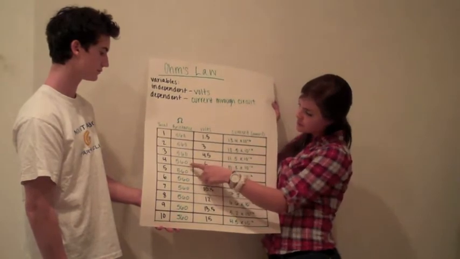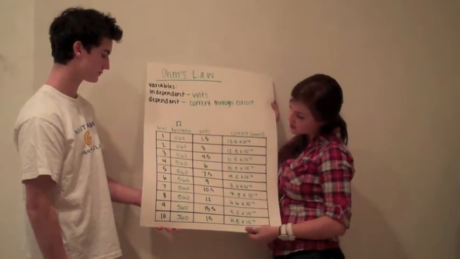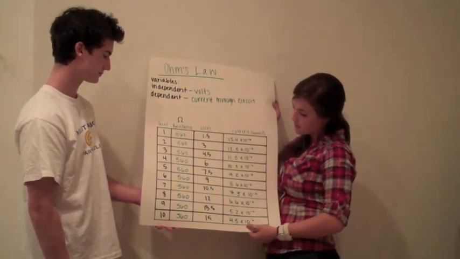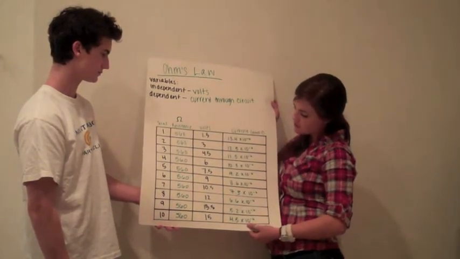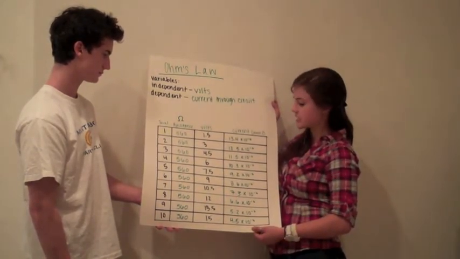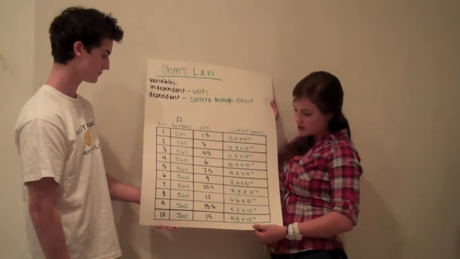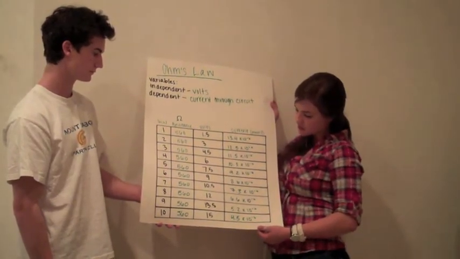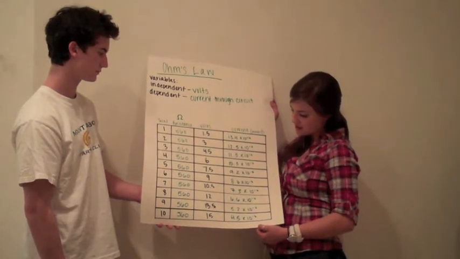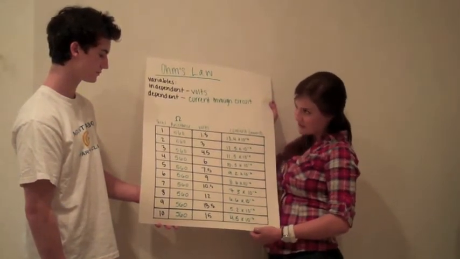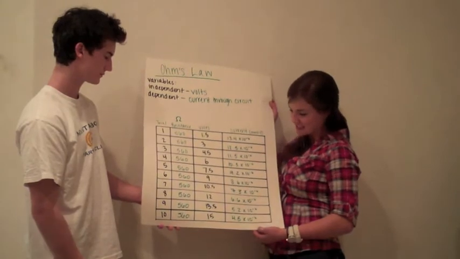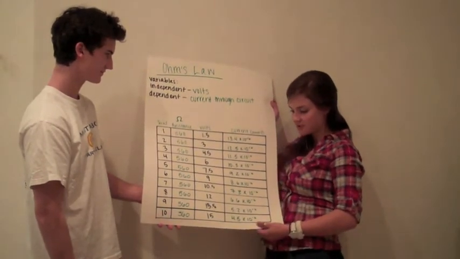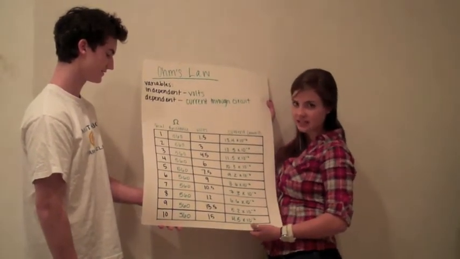For trial 3, the resistance was 560 ohms, it was 4.5 volts, and the current was 11.5 times 10 to the negative 6 amps. For trial 4, it was 560 ohms, 6 volts, and 10.3 times 10 to the negative 6. For trial 5, it was 560 ohms, 7.5 volts, and 9.2 times 10 to the negative 6 amps.